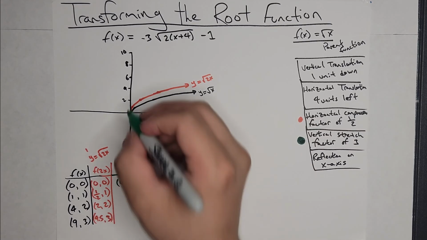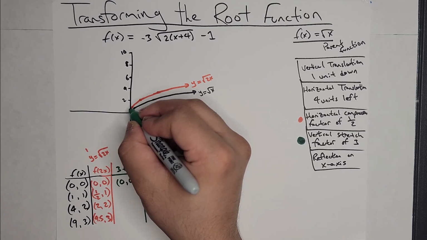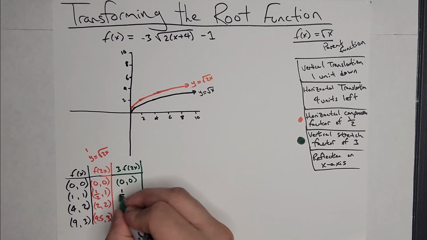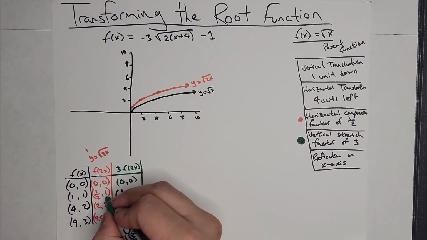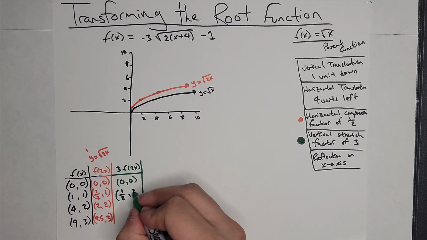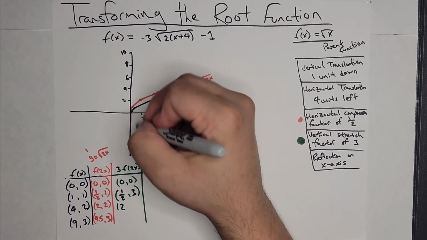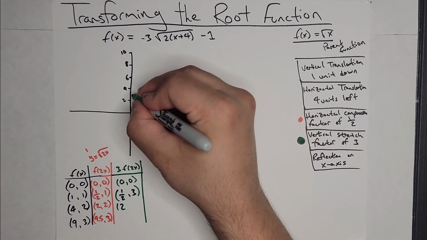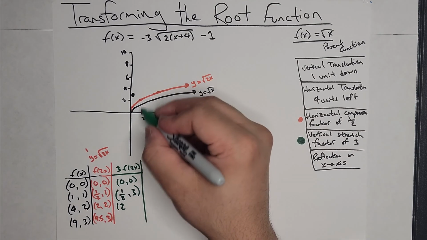So for at half now, our half was over here somewhere. That value at 1 over 2 is going to have a vertical stretch of 3. So my y value is going to go from 1 to 3. And same for here. So 1 over 2, and now it's going to be at 3. And for my value at 2, what I had before was 2.